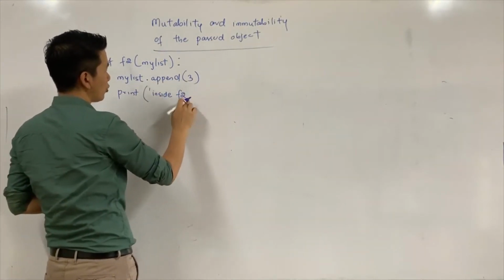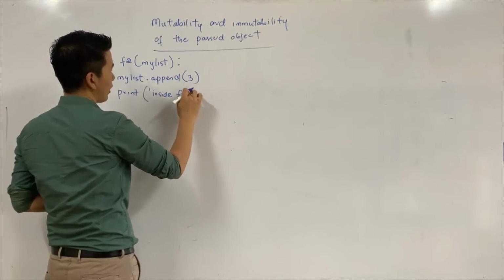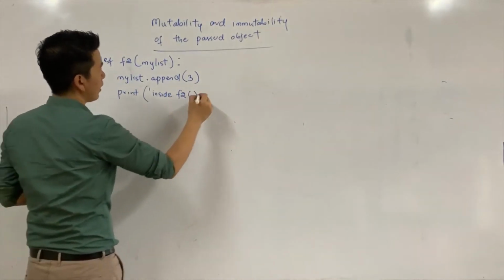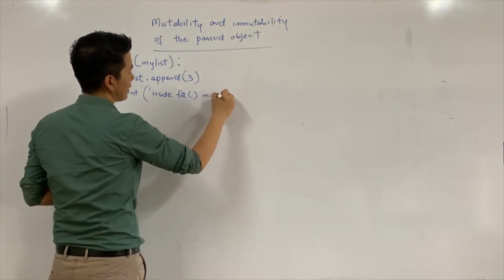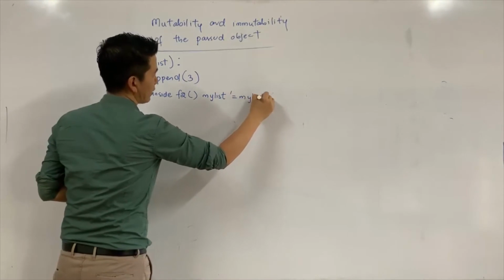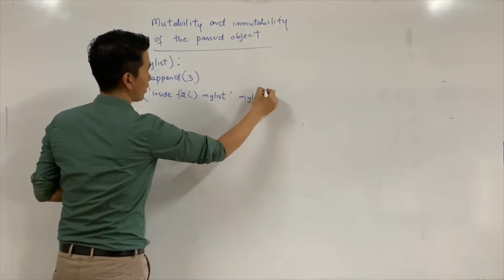We'll just make it a little interactive. Inside F2, my list is equal to my list. Okay, what am I doing?